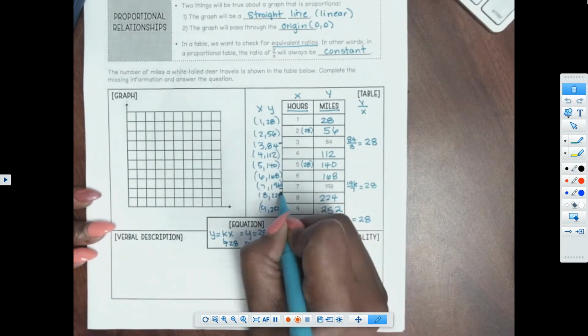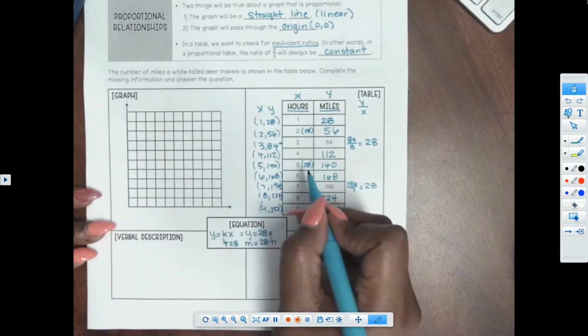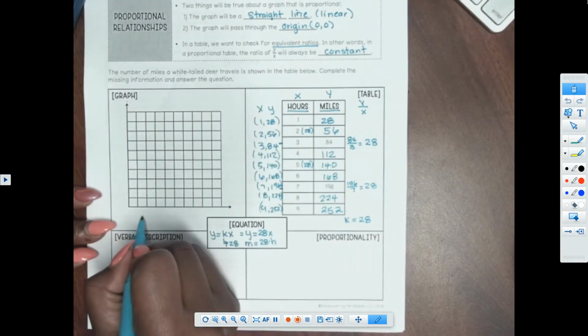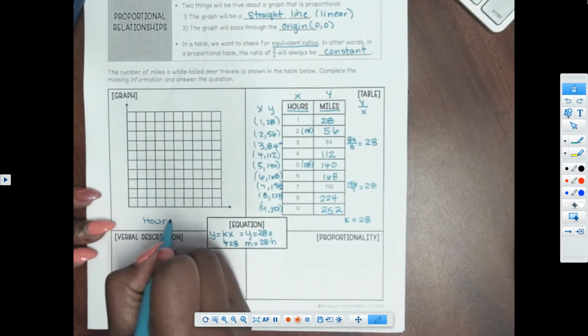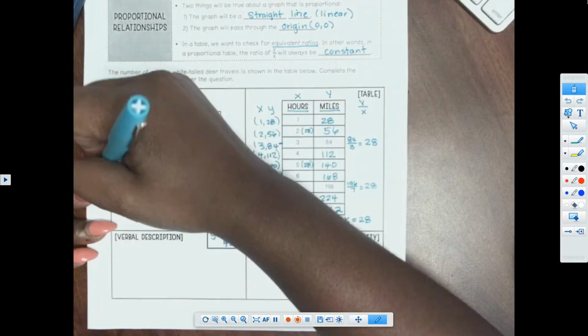Okay, so I come over here to my graph and I plot these points. I know that my X represents my hours and Y represents my miles.